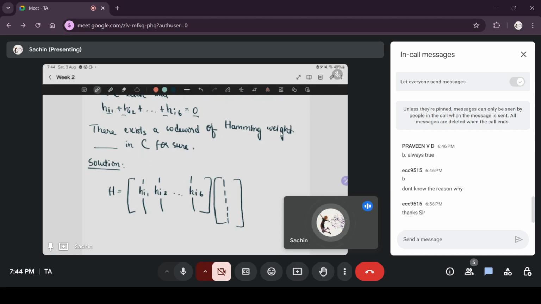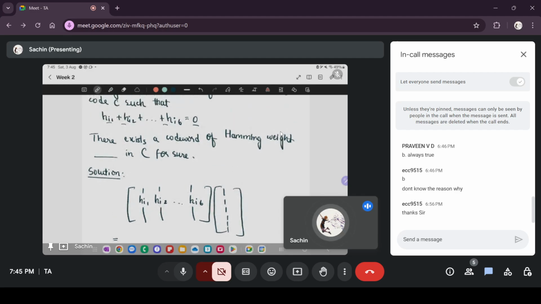If you learned linear algebra the right way, then you will know that if you multiply a matrix with a column, then the product will be the linear combination of the columns of the matrix. So this product is nothing but hi1 plus hi2 plus etc., which is equal to 0. That means this vector 1 1 1 1 1 1 is a code word.